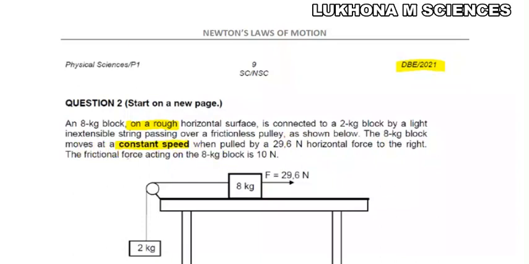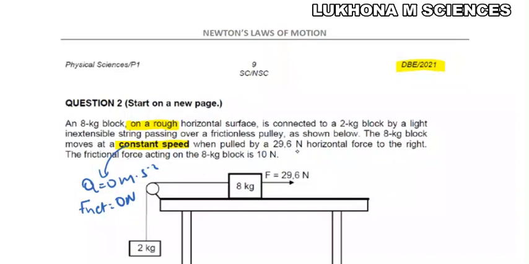So what we know is that when they say constant speed, it means initial velocity is equal to final velocity, that is, there is no change in velocity, meaning that the acceleration is 0 meters per square second.